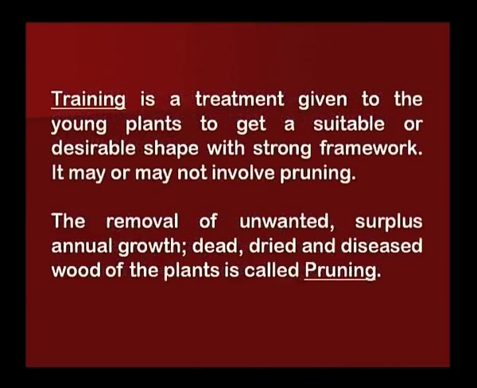Training is a treatment given to young plants to get a suitable or desirable shape with a strong framework. It may or may not involve pruning. The removal of unwanted surplus annual growth, dead, dried and diseased wood of the plants is called pruning.